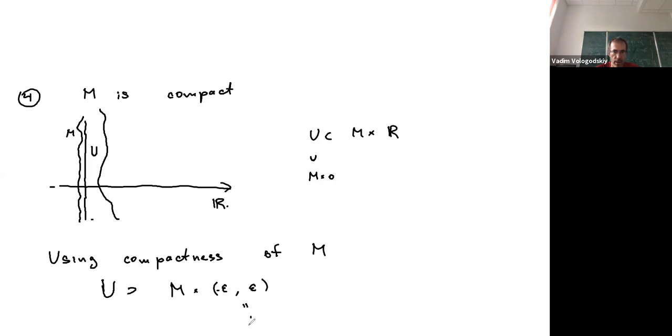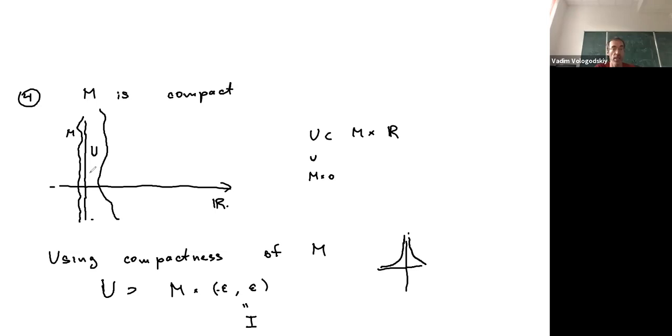Let's call it I. So this is what fails if M is not compact. You can imagine a hyperbola, right? Something like, sorry, a better picture. So you can imagine something that sits in between these two parts of the hyperbola. So clearly it doesn't contain any cylinder.